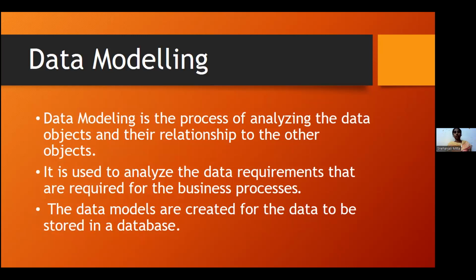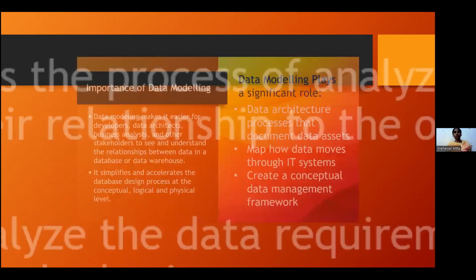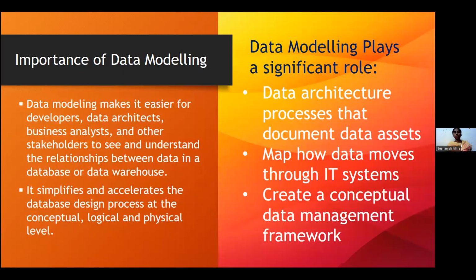Data modeling makes it easy for developers and business people to reach the data set and analyze it easily, and for other stakeholders to understand the relationships between data in a database or a data warehouse.